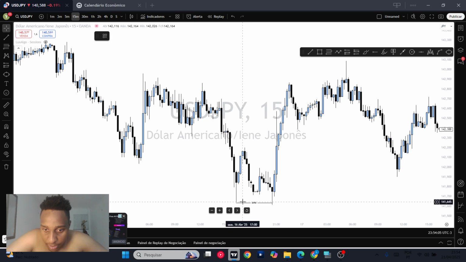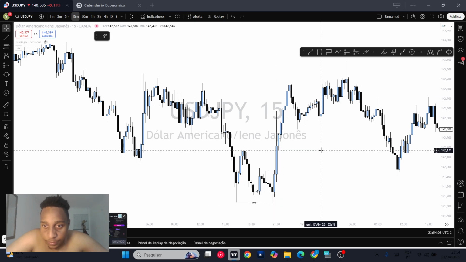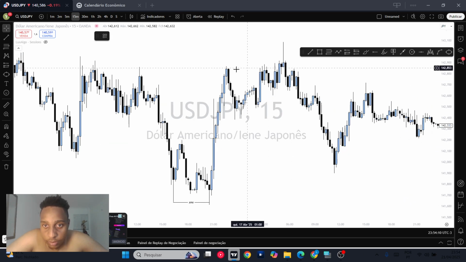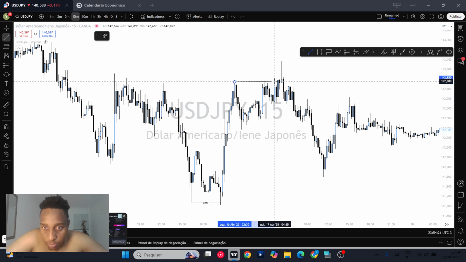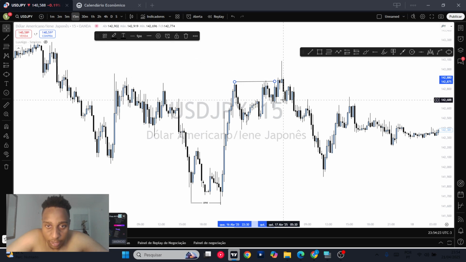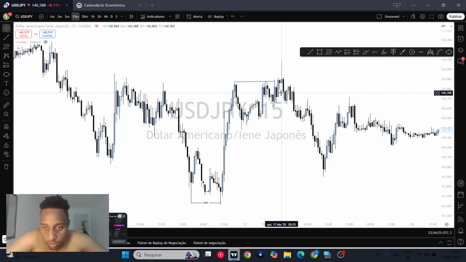Price made a shift in market structure here, and then price went up, created a false break of structure in these zones, and then swept this zone to continue to the downside.